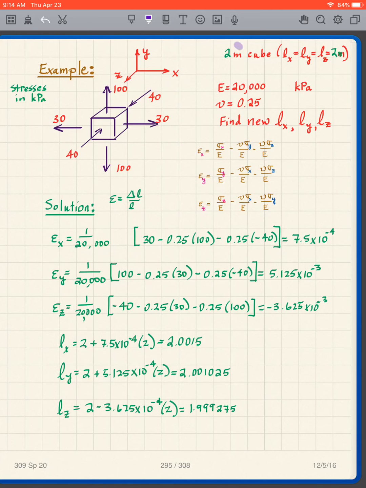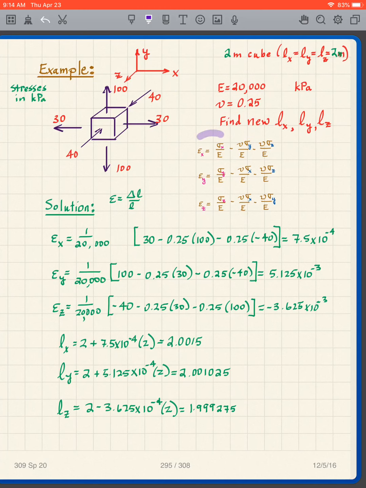We have a 2 meter cube to begin with, 2 meters by 2 meters by 2 meters. We have a Young's modulus of 20,000 kilopascals, and a Poisson's ratio of 0.25. What we want to find is the new lengths in all those directions.